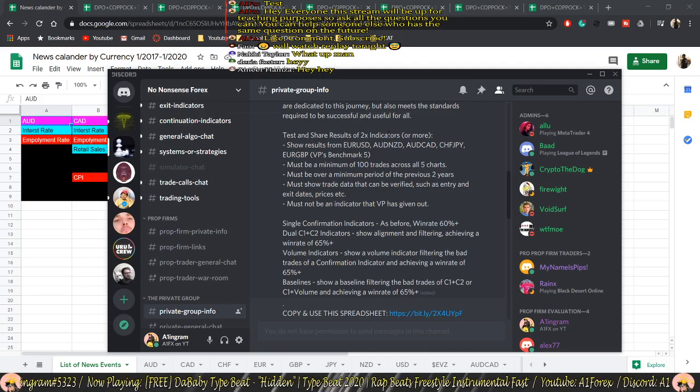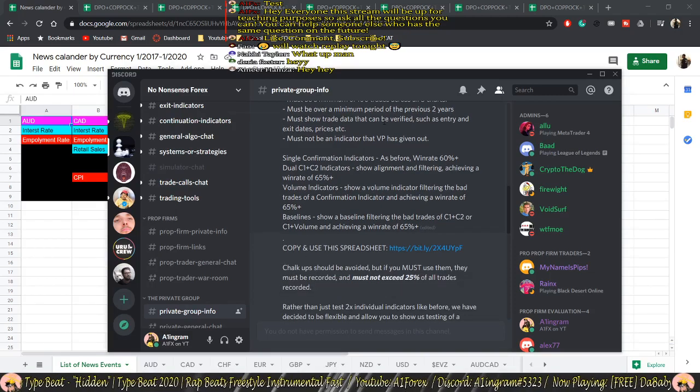Five pairs, a minimum of 100 trades, and it gives you the number of trades on the chart over two years. That just depends on you, and because we do everything manually here, you don't have to worry about being verified. You just got to let them know everything that you're doing. Many people have gotten into the private group with my spreadsheet, just to let that be said.